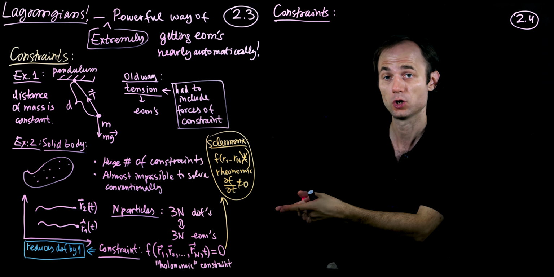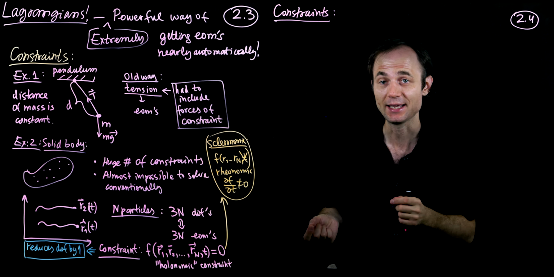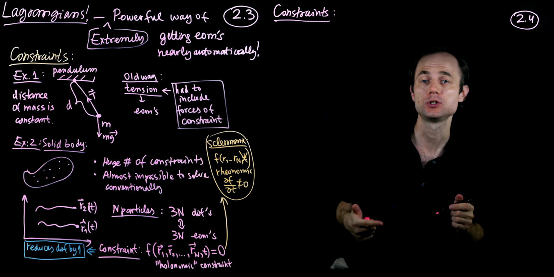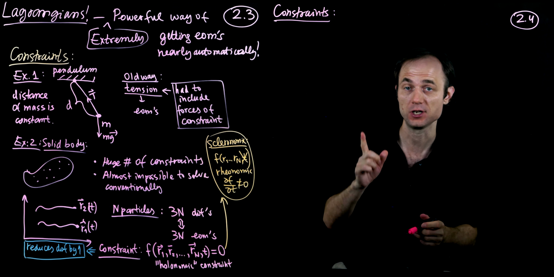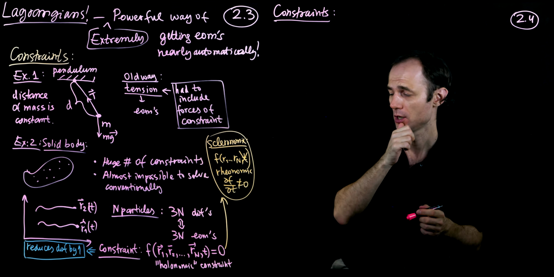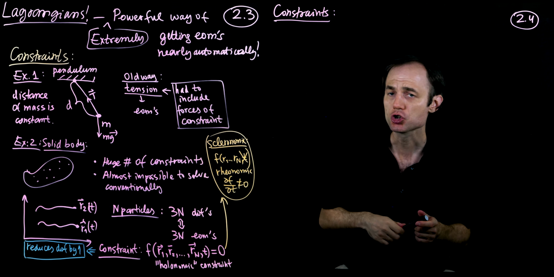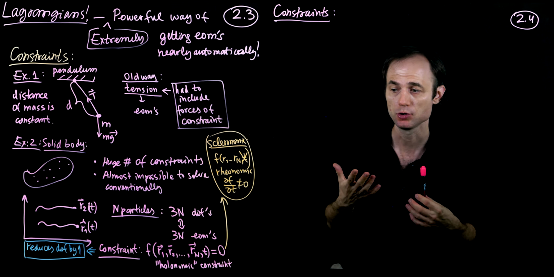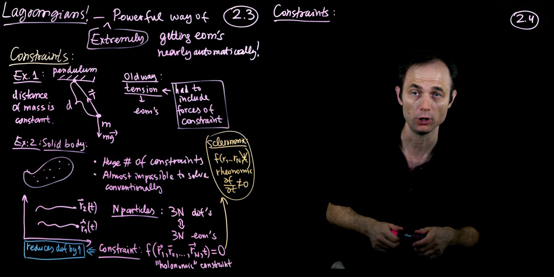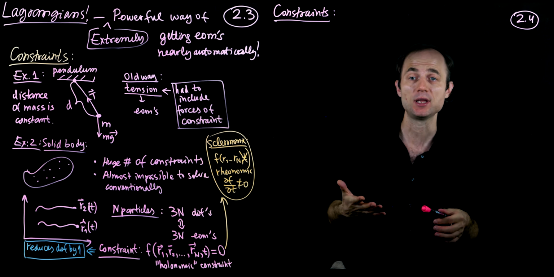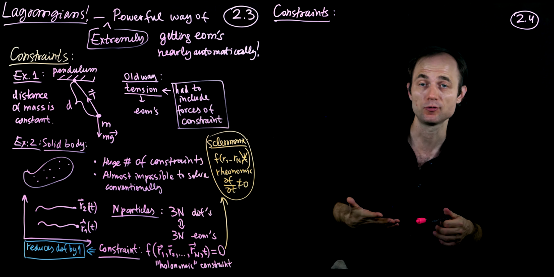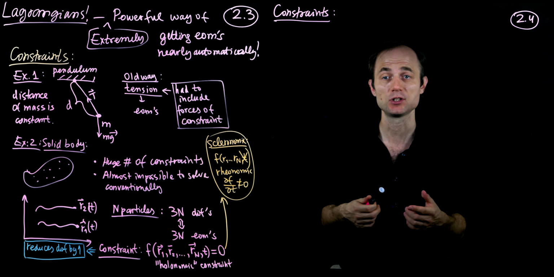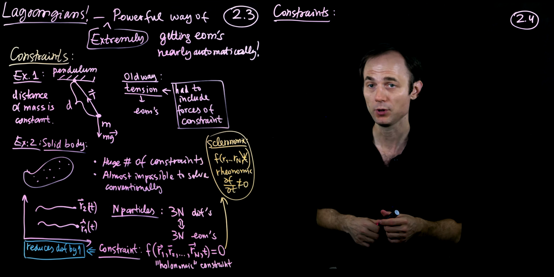Over here we have shown that an application of one constraint reduces the number of degrees of freedom by 1. So let's try and apply this rule to the 2 examples that we considered before to figure out how many degrees of freedom they have left after the constraints have been applied.